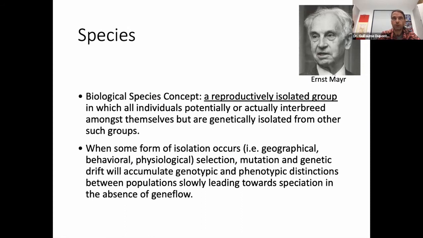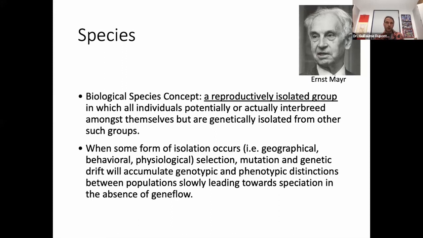So we call a species a group which is reproductively isolated and in which all individuals can potentially interbreed with each other and are genetically isolated from other such groups.